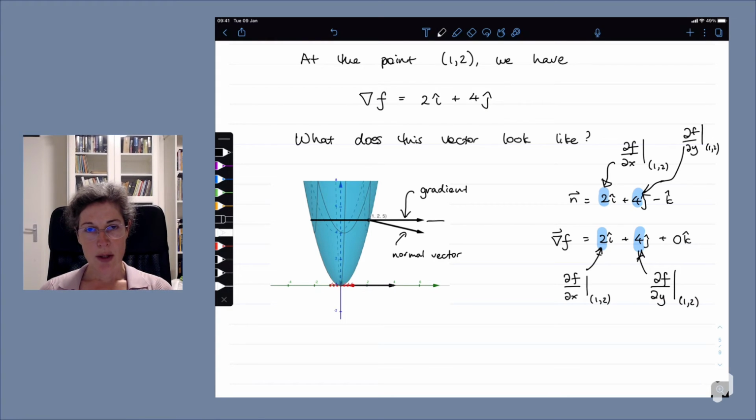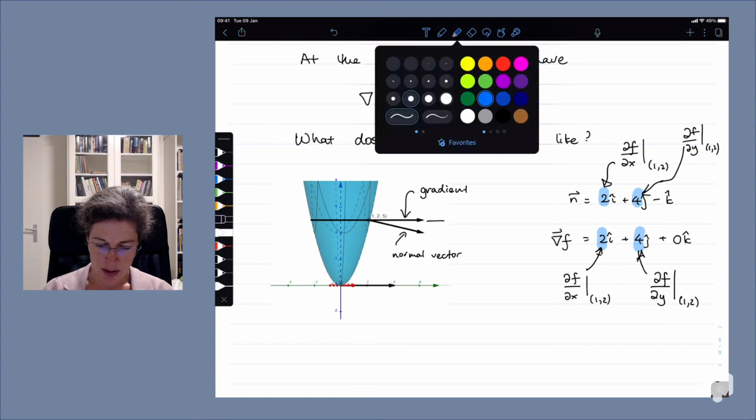Okay, so it should be no surprise that in terms of x and y direction, these two vectors are exactly the same. The only thing that changes is that our gradient has a 0 component. Let me put that in a different color.